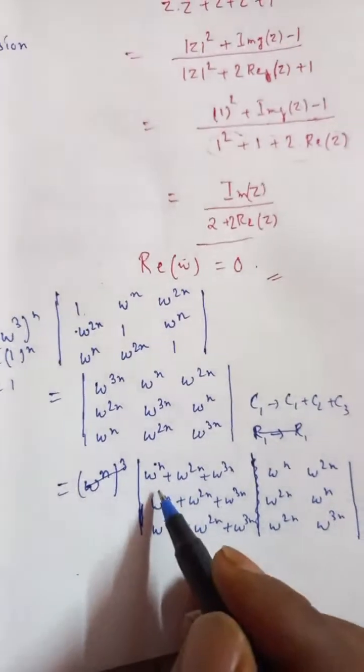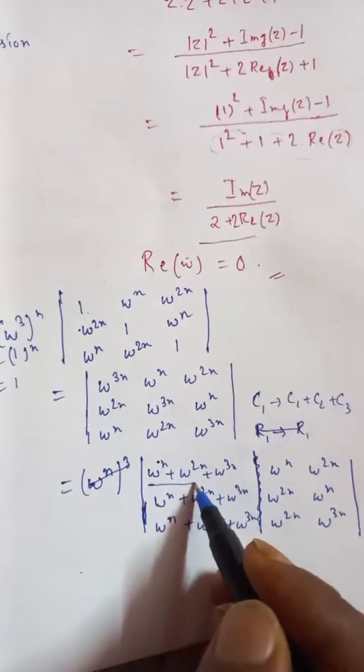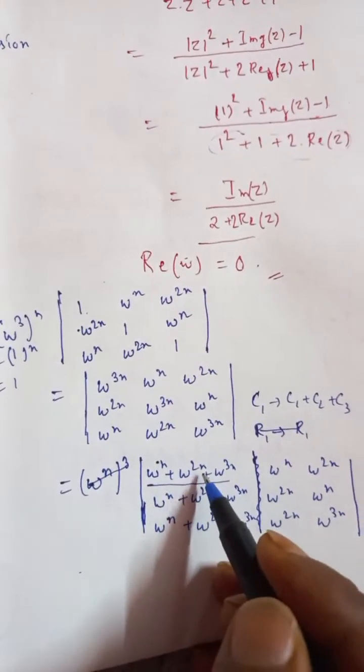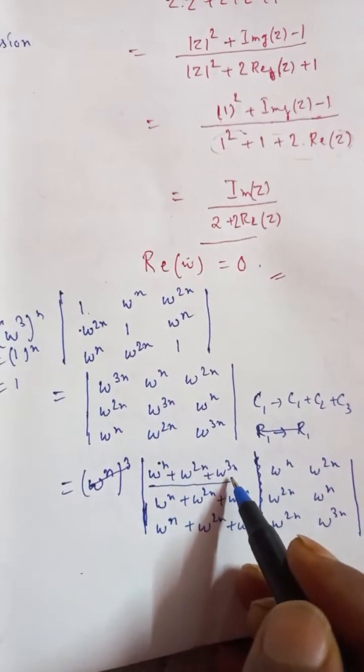Now we will take common this omega n plus omega to the power 2n plus omega to the power 3n.